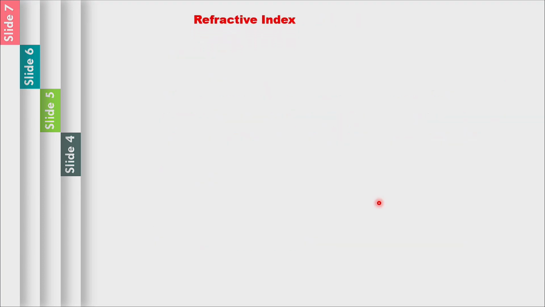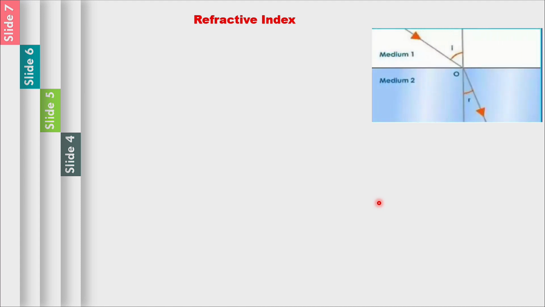So now let us discuss the refractive index in somewhat more detail. I will consider the same diagram here. Medium 1 is taken as air, medium 2 is glass. The incident ray falls on the surface of the glass and is bent after refraction.